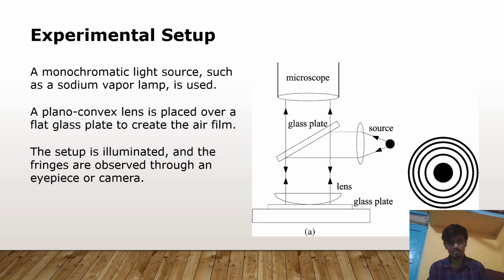The setup is illuminated and the fringes are observed through a microscope or camera. A sodium lamp gives monochromatic light. A plano-convex lens is placed on a flat glass plate and the rings are seen through a microscope or camera.